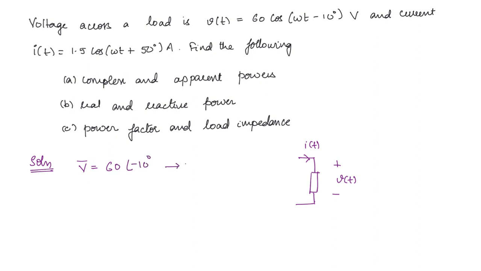This is in terms of the maximum values. You can also write in terms of RMS as 60 by root 2 angle −10. We will prefer to deal with the RMS values. What is I bar? This is going to be 1.5 by root 2 angle 50 degrees, also taken in RMS.